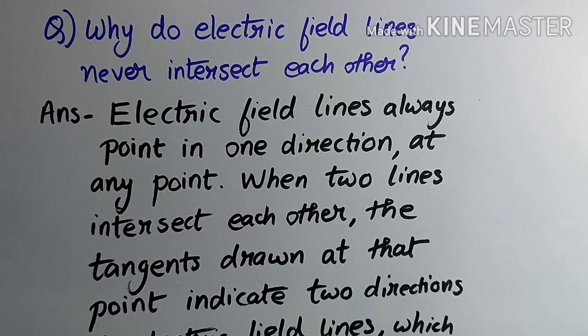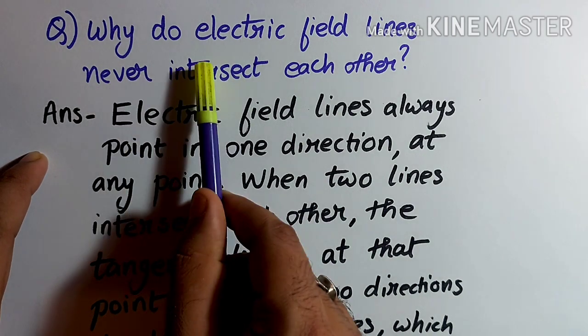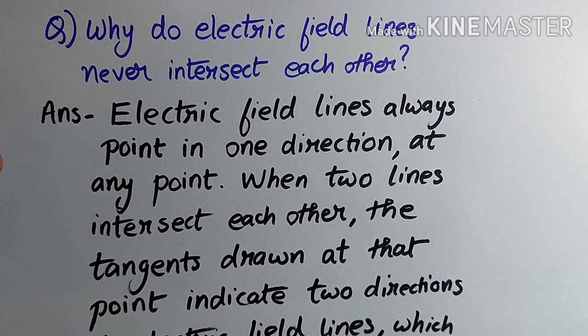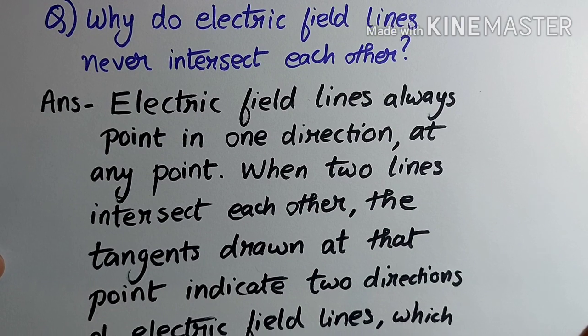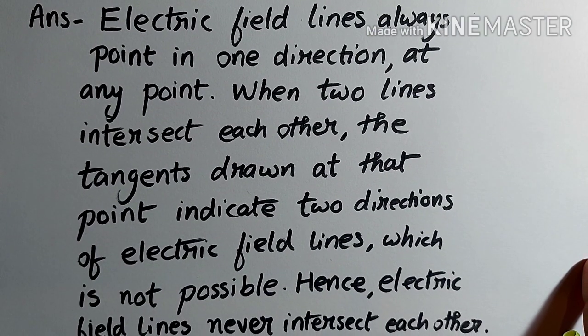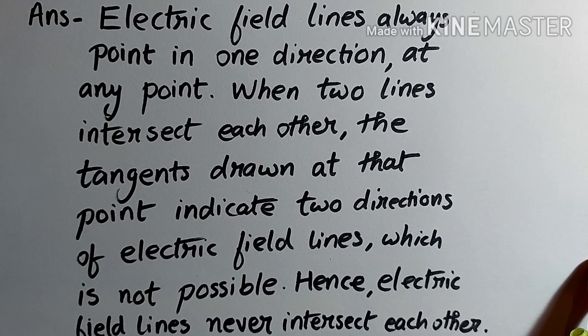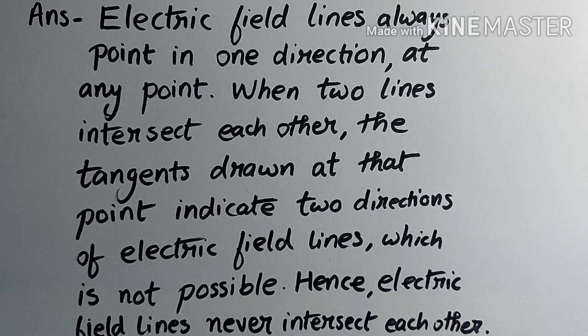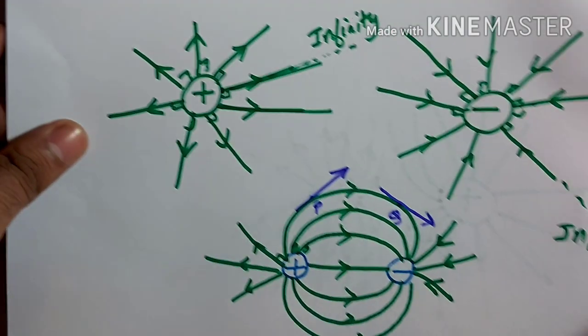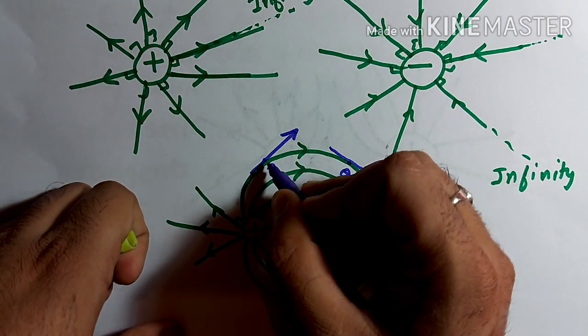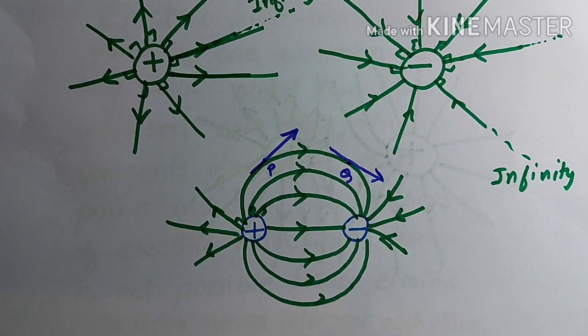As I said, the third property was that two electric field lines never intersect each other. The question is, why do electric field lines never intersect each other? The answer for this is, electric field lines always point in one direction at any point. You can see at any point P, the direction of electric field is along a particular direction.